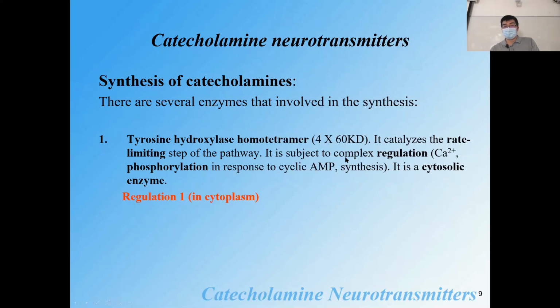Its regulation includes calcium. If you remember that slide, there is calcium induced phosphorylation in response to cyclic AMP. Okay. So the regulation can be in the cytoplasm. If it's phosphorylated, then the enzyme activity will be higher, and then it can synthesize more neurotransmitters.